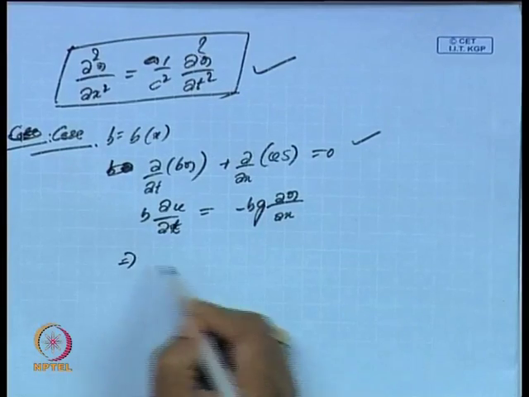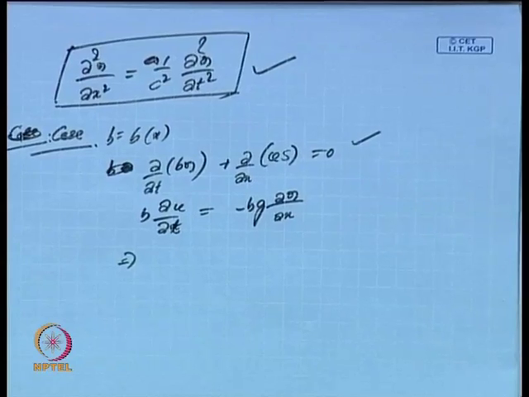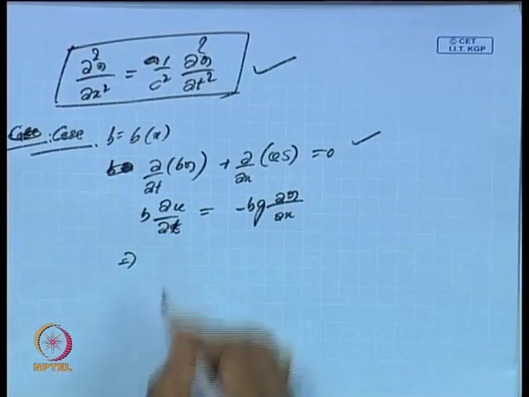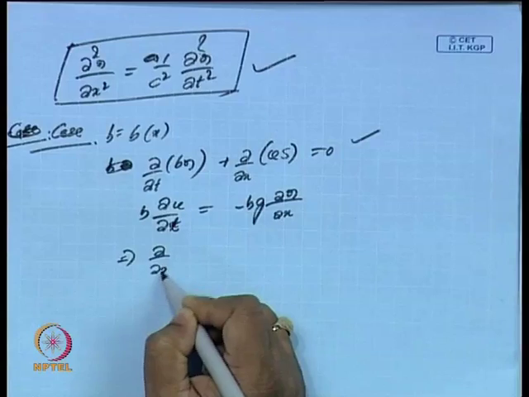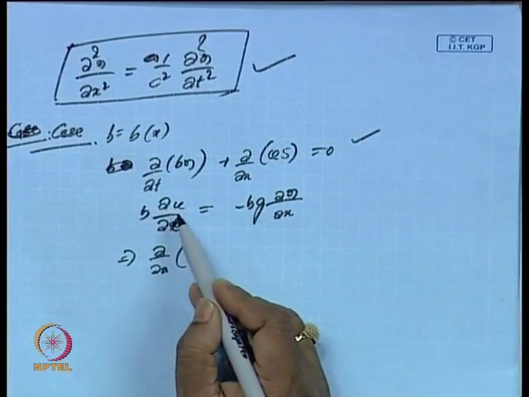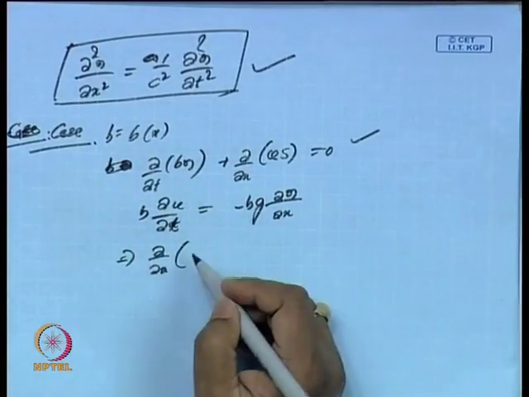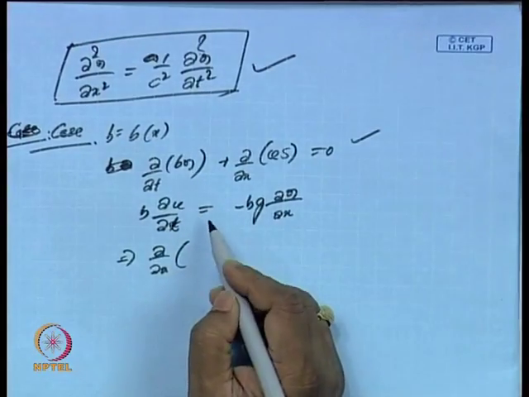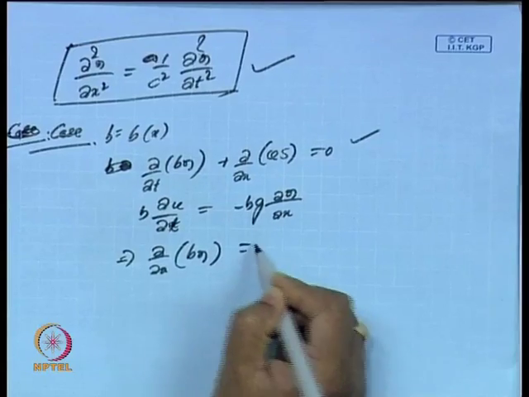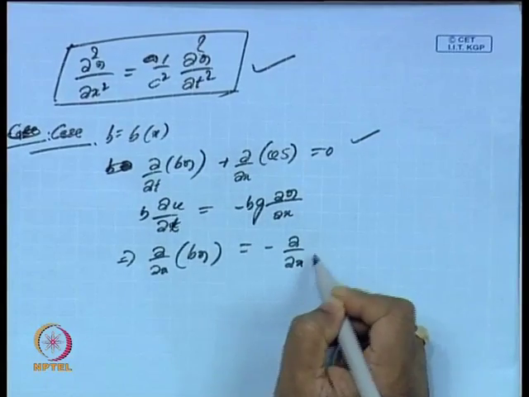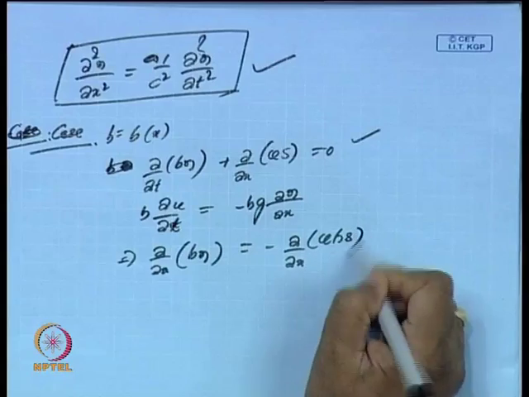So, that means I also can write it as del by del x of b del u by del t is minus g b del eta by del x, and this is from the equation of continuity, where del by del t of b eta is minus del by del x of u h s.